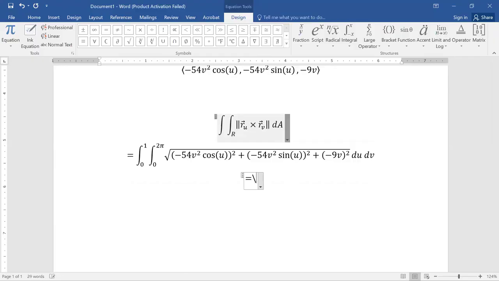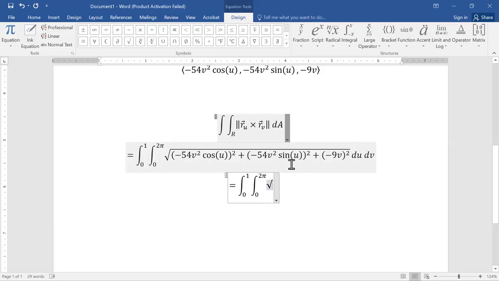You can simplify this if you want to. Underneath the square root, notice you're going to get negative 54v squared, squared, times cosine squared, and negative 54v squared, squared, times sine squared.